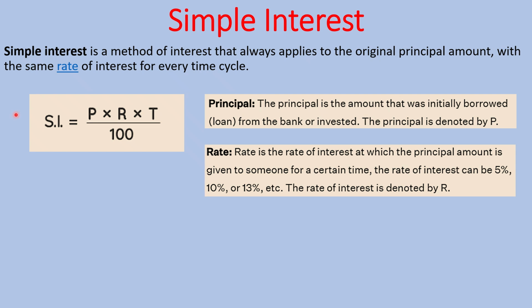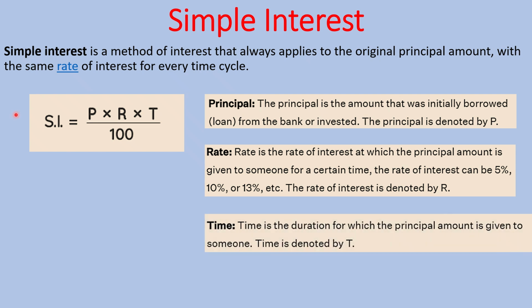Let's say you're borrowing for 3 months, 6 months, 1 year, 2 years. That is known as the time period. T is the duration for which the amount is given to someone, and it is denoted by T.